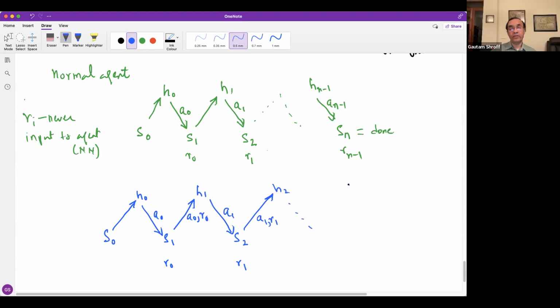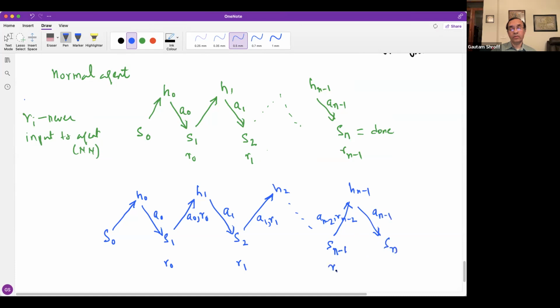And finally, in the end, you'll get Hn minus 1, which had as input An minus 2, Rn minus 2, coming from Sn minus 1, and output is going to be An minus 1, producing Sn.